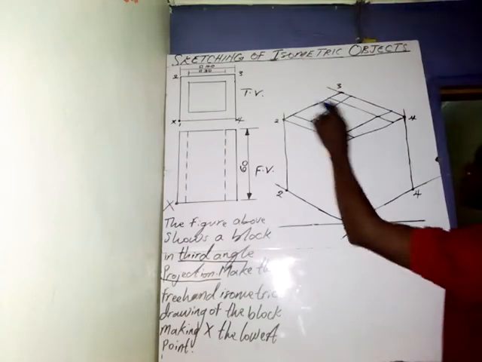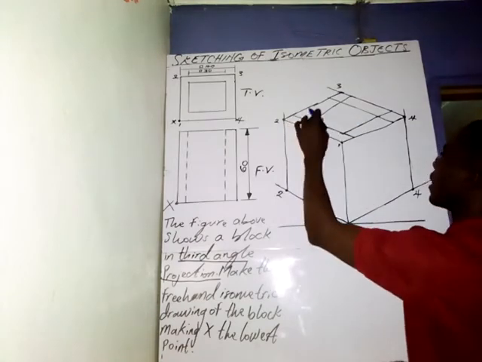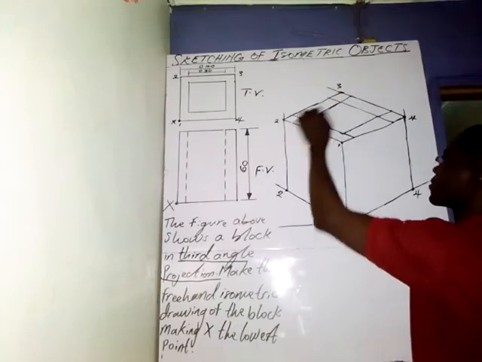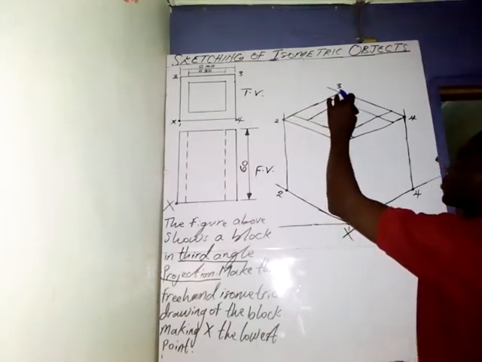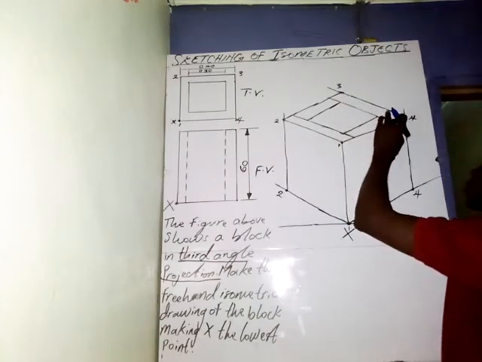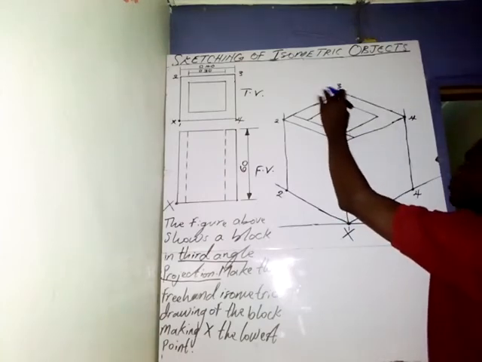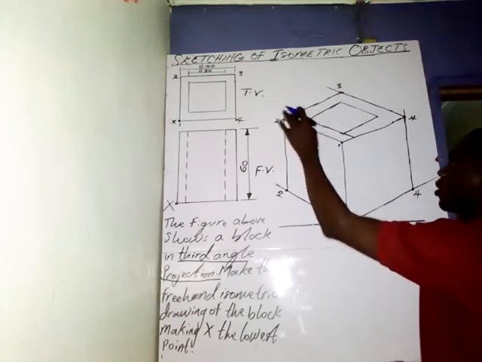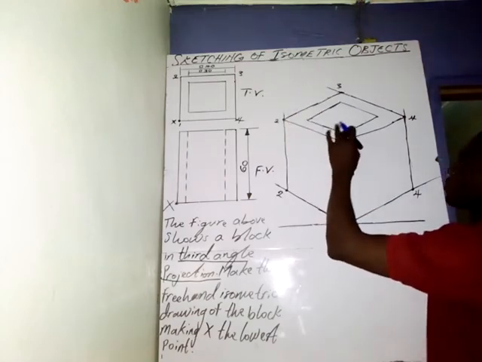Okay. So I have this now. So this is not okay. Alright, so I can rub this off, and I can rub this off. Then I can rub this off. So this can be rubbed off.